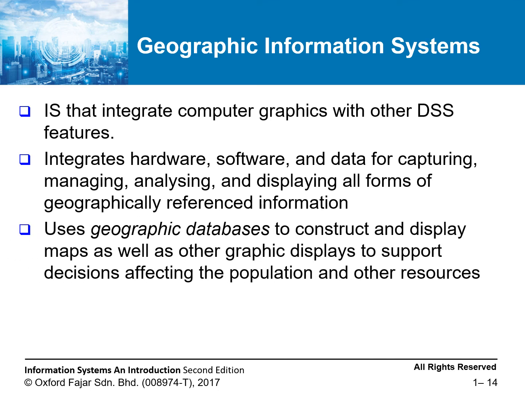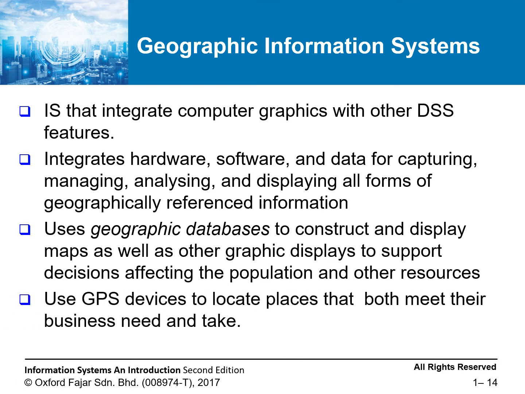It uses a geographic database to construct and display maps as well as other graphic displays to support decisions affecting the population and other resources. So this GIS uses GPS devices to locate places that meet their business needs.